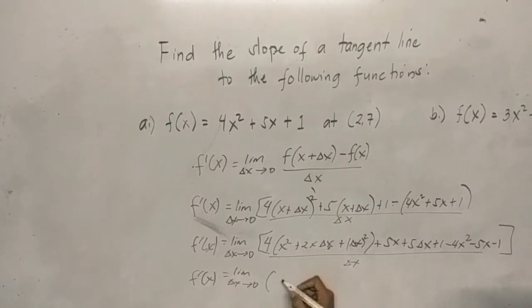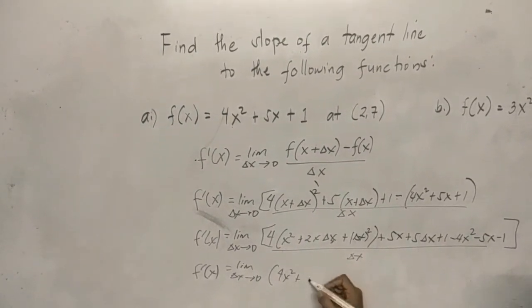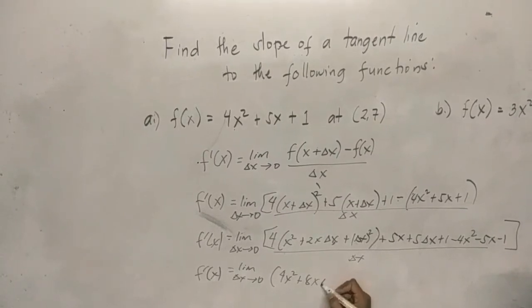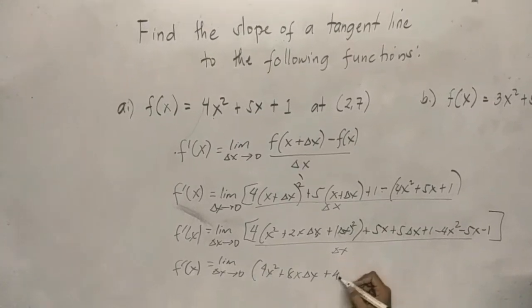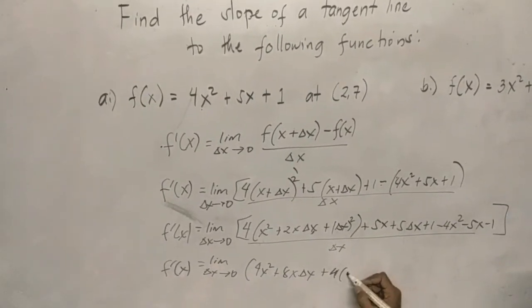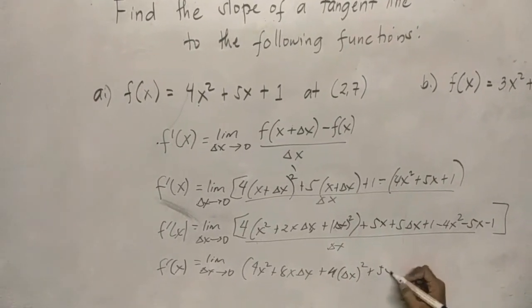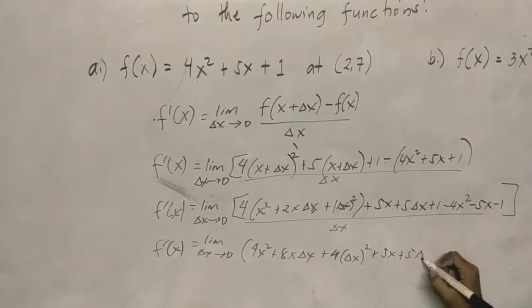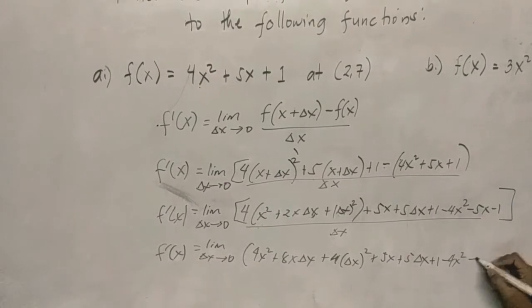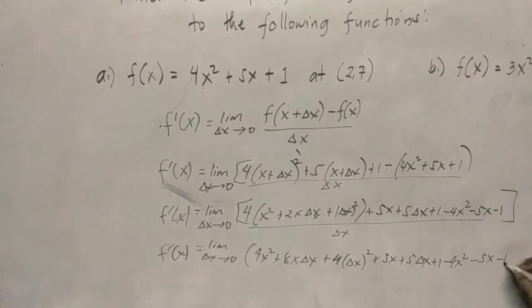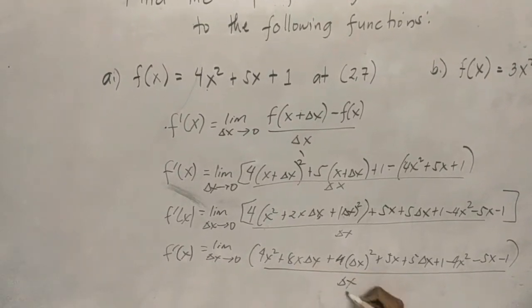So, we have 4 times x squared, 4x squared. 4 times 2x delta x is 8x delta x. 4 times delta x squared is equal to 4 delta x squared. Okay? Then, just copy, plus 5x plus 5 delta x plus 1 minus 4x squared minus 5x minus 1. Okay? All over delta x.